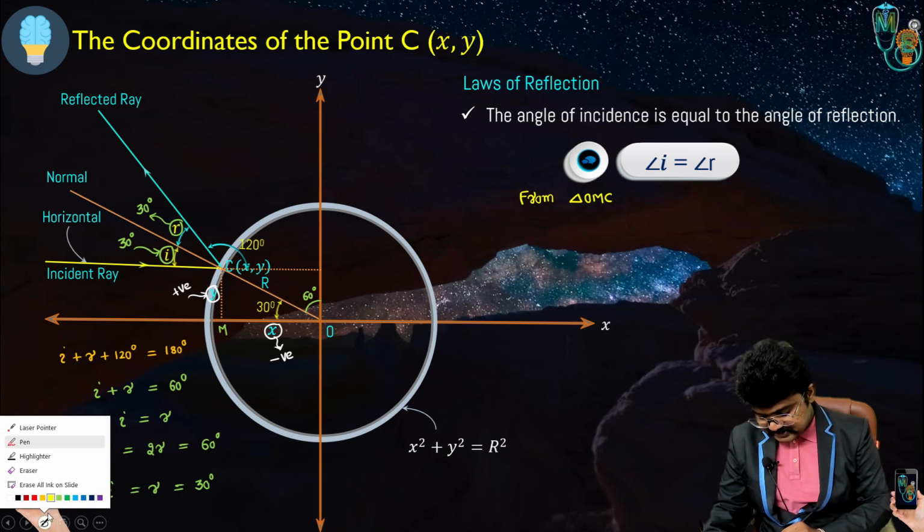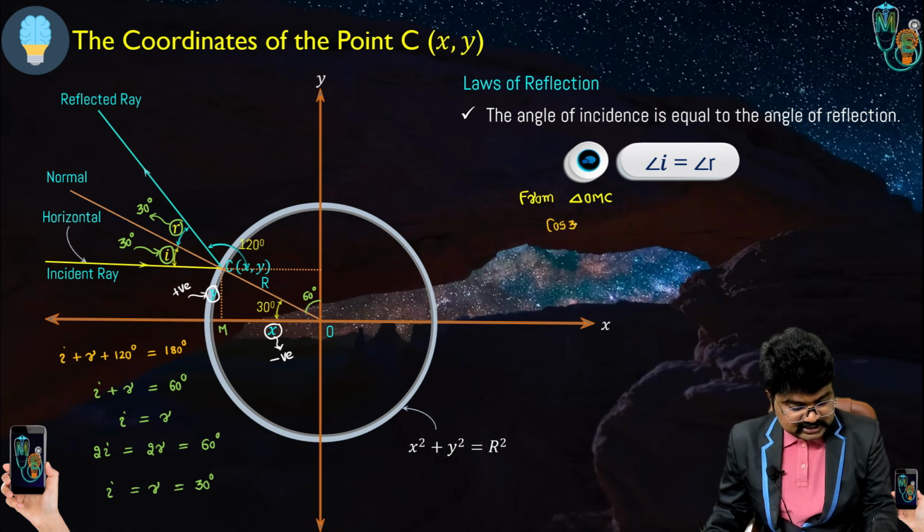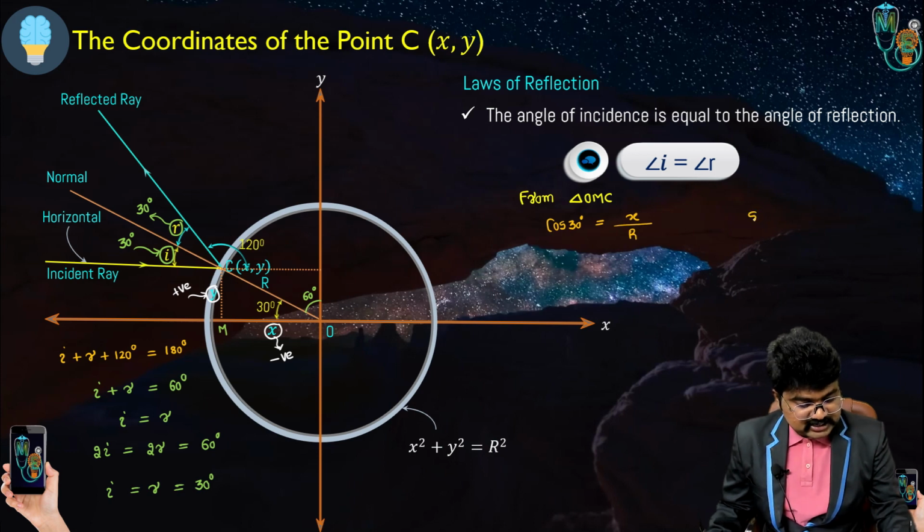Here I can say that cos 30 degrees equals to X by R. Sin 30 equal to how much? Y by R.